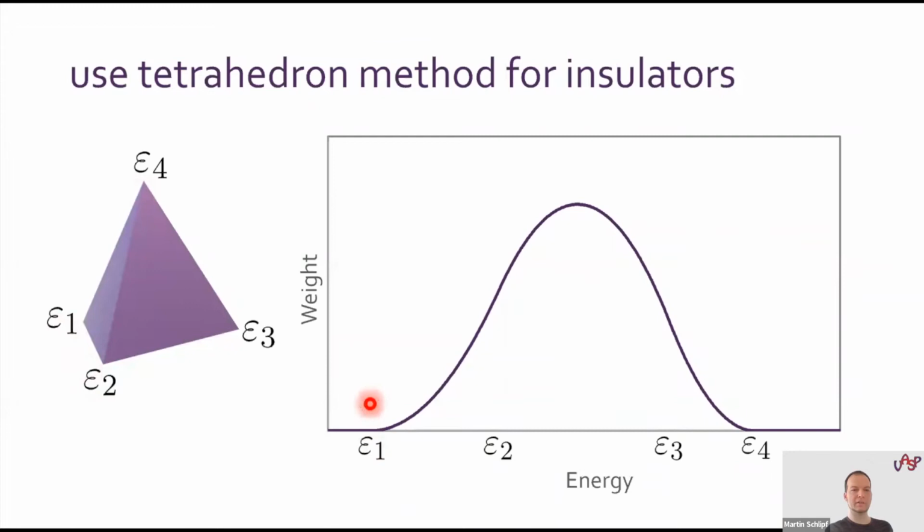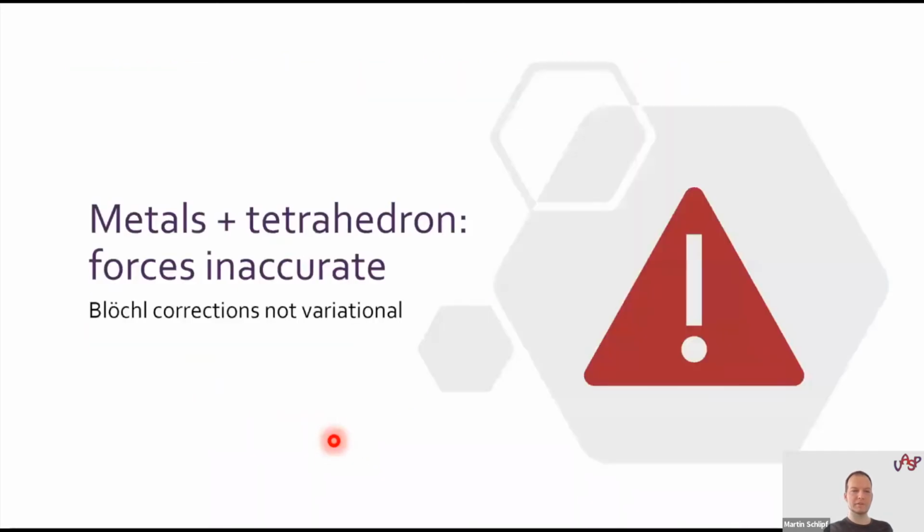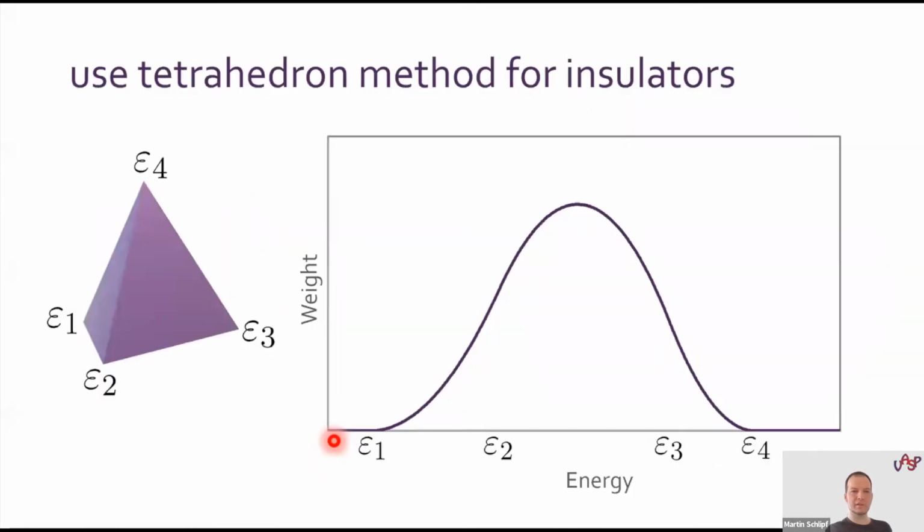You only occupy this tetrahedron if the Fermi energy is between the lower and the higher bound of the tetrahedron. So the advantage of this method is that you only occupy the tetrahedron if it's in the energy range of the Fermi energy.